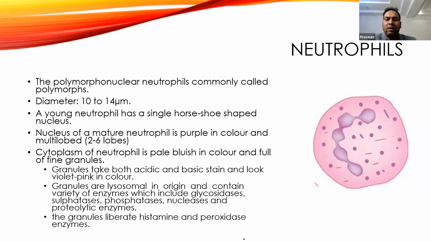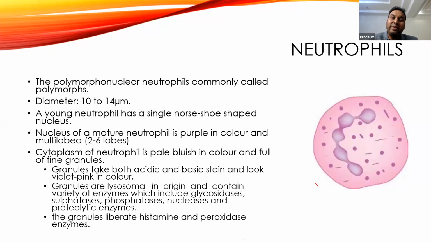So you will see different shapes of the nucleus in the neutrophil. The younger the neutrophil, the fewer the lobes. As the neutrophil becomes more and more mature, the number of lobes keeps increasing, from 2 lobes up to 6 lobes. But ideally, most neutrophils you will see have between 3 to 5 lobes when checking a peripheral smear.